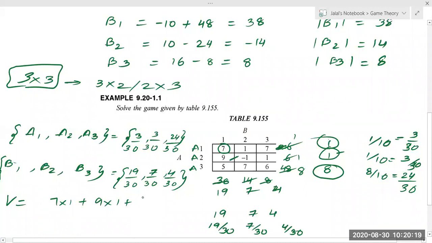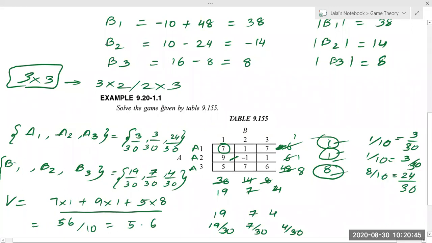And again you can write it as 5 into 8 upon 1 plus 1 plus 8. So this will come out to be 7 plus 9, 16, and this is 56. Correct? 56. And this is 10. 1 plus 1 plus 8. So this will come out to be 5.6, or you can write 56 by 10 also.